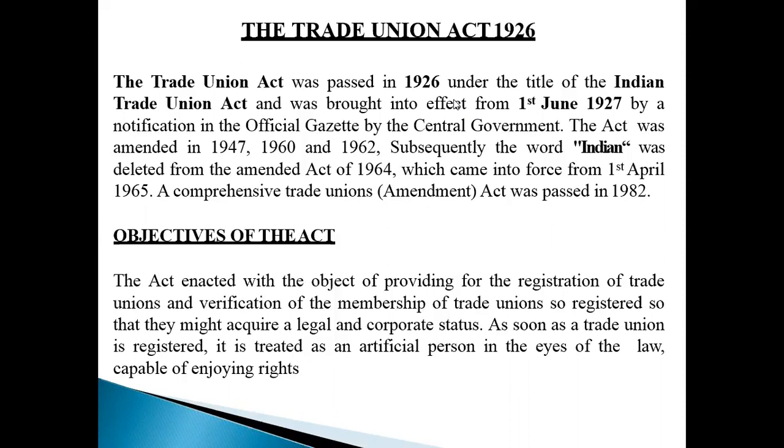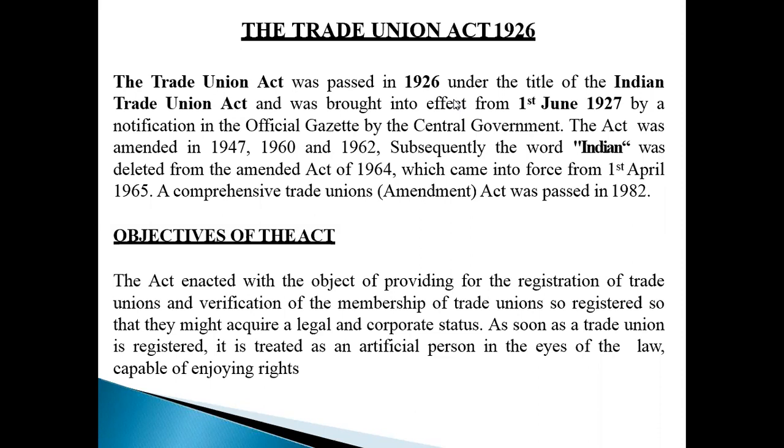The Comprehensive Trade Union Amendment Act was passed in 1982. So this is the history of when it was formed, how many amendments took place, and when the word Indian was removed. And finally, it was passed in 1982. So this is all the history of the Trade Union Act.